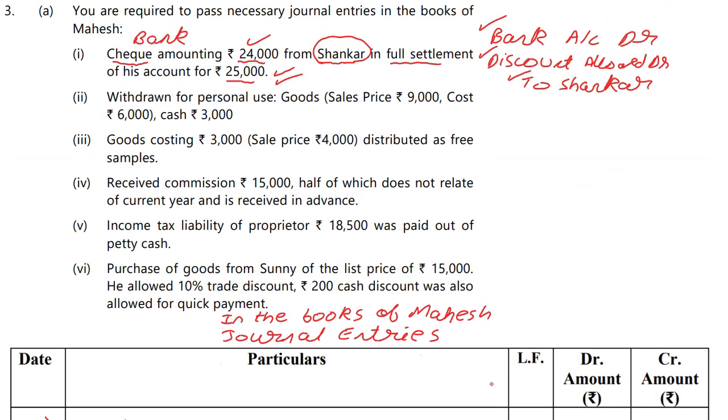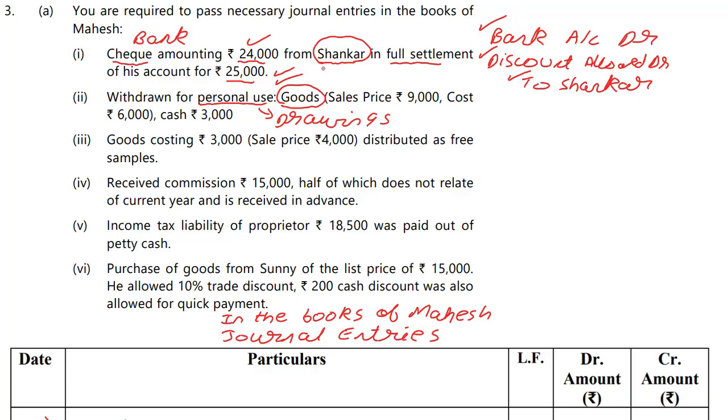Now, going back upstairs, withdrawn for personal use. The moment you hear personal use, and the moment you see personal use, what you have to think about is drawings. Withdrawn for personal use, goods, and we never use the word goods account in a journal entry.